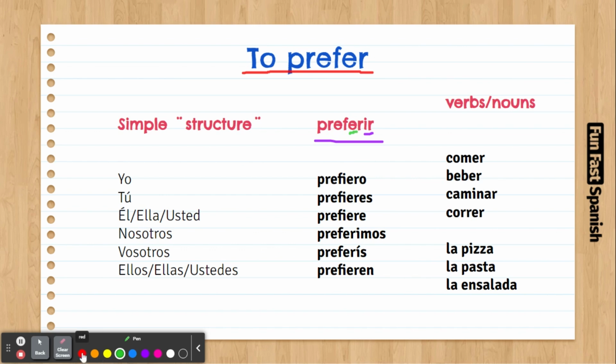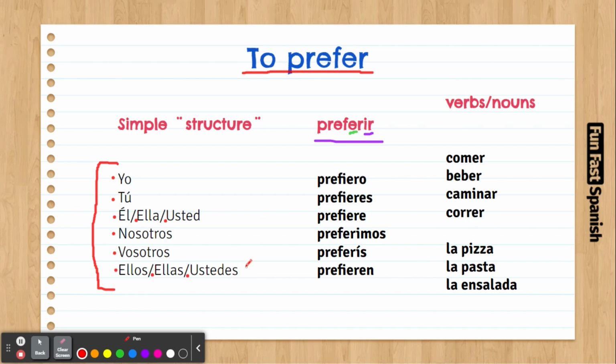You already know our personal pronouns here in simple structure. Yo, I; tú, you; él, he; ella, she; usted, you formal; nosotros, we; vosotros, you guys, Spain; ellos, they; ellas, they, feminine; and ustedes, you guys in Latin America.